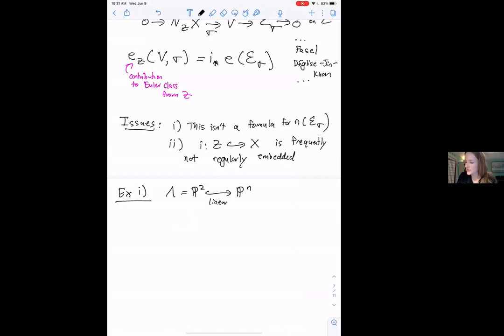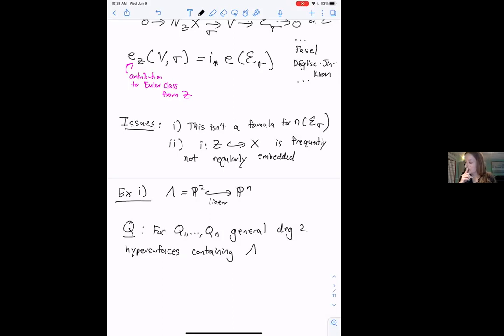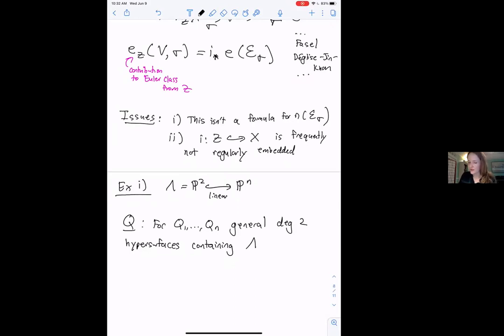So we've got a P2 linearly embedded in Pn, and Q1 through Qn, general degree 2 hypersurfaces containing the linear P2, their intersection is in general a finite set of points and lambda.